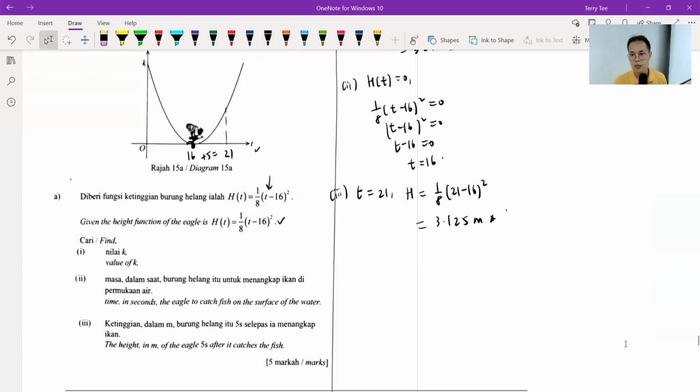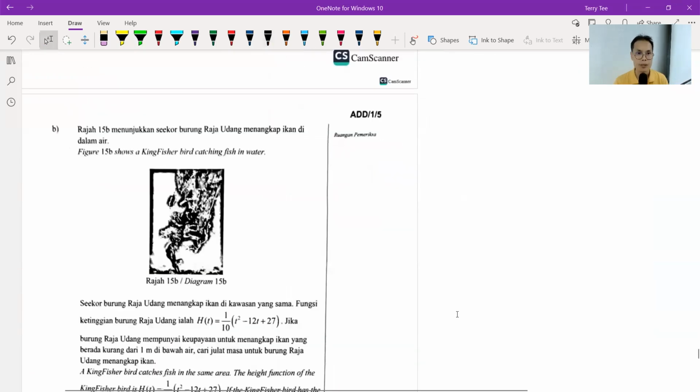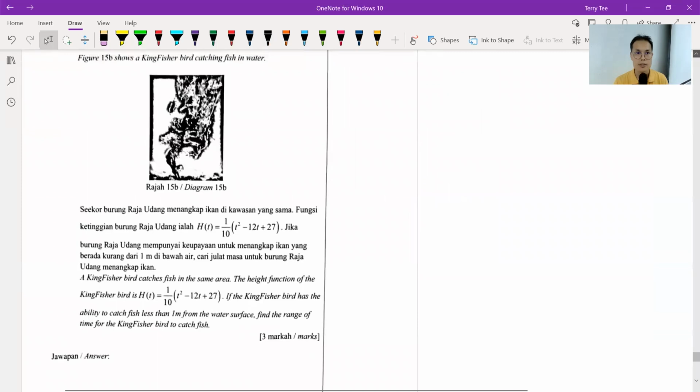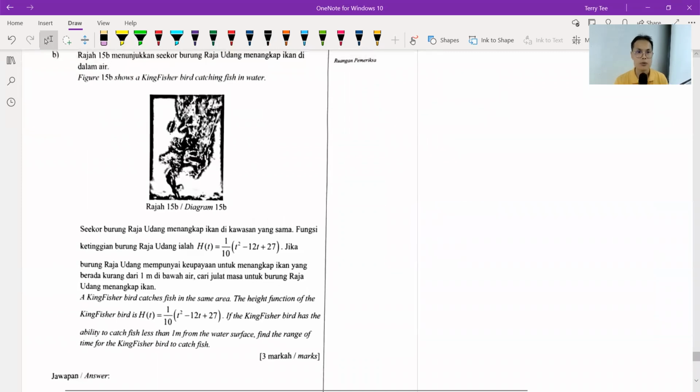Okay, we're not done yet. We still got one more, part B. The figure shows a kingfisher bird catching fish in the water. So a kingfisher bird catches the fish in the same area. The height function is different now. It has the ability to catch a fish less than 1 meter from the water surface. Find the range of time for the kingfisher bird to catch the fish.